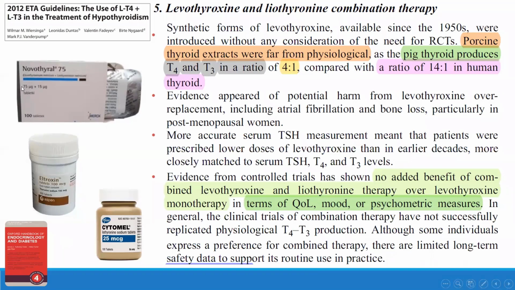This means 75 microgram T4 and 15 microgram T3. It is also available in a different concentration, like Novothyral 100, which means 100 microgram levothyroxine and 20 microgram liothyronine. Different concentrations with different ratios, not the same ratio. So this is very important if you decide to prescribe this drug.